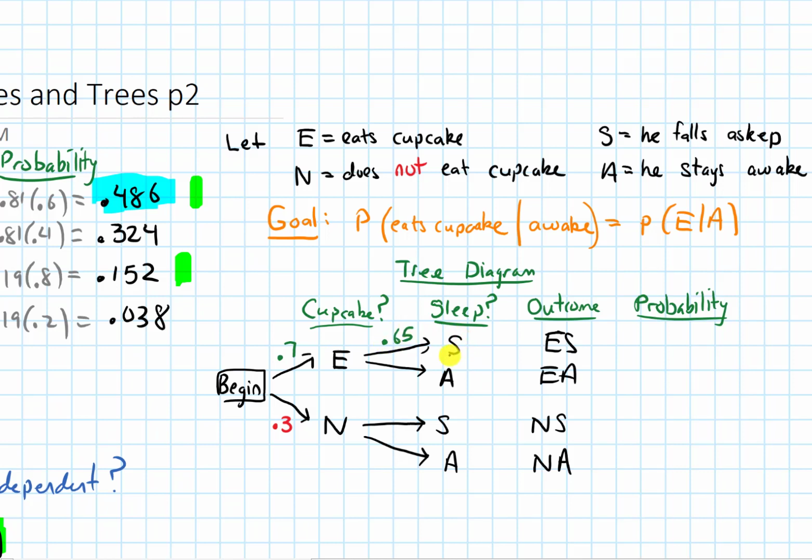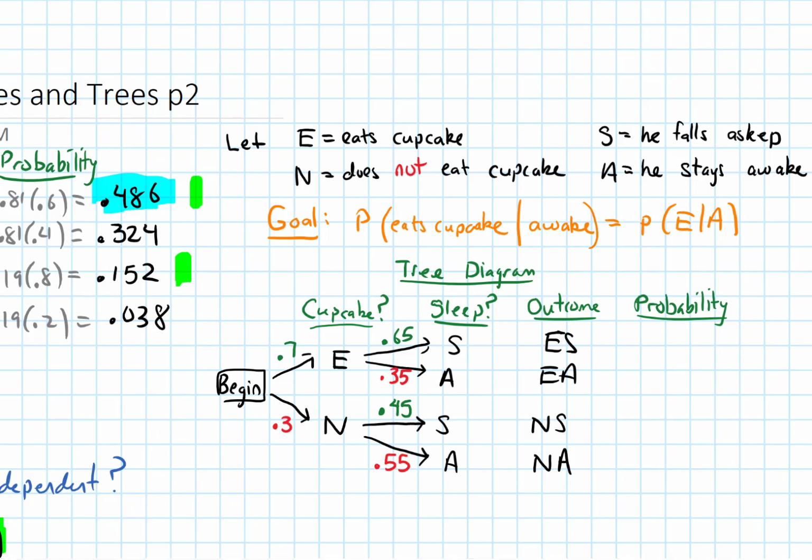If he does not eat a cupcake, there's still a 0.45 probability that he falls asleep. So the probabilities of going to A are 0.35, because it adds to 0.65 to get 1, and 0.55, because it adds to 0.45 to get 1.